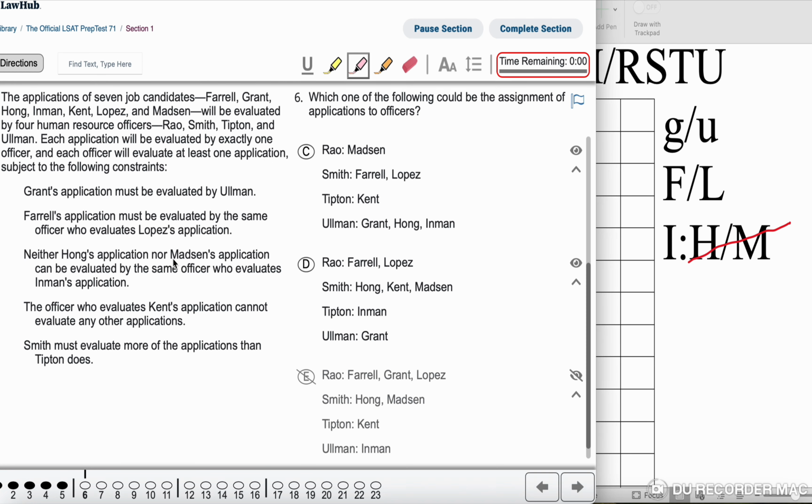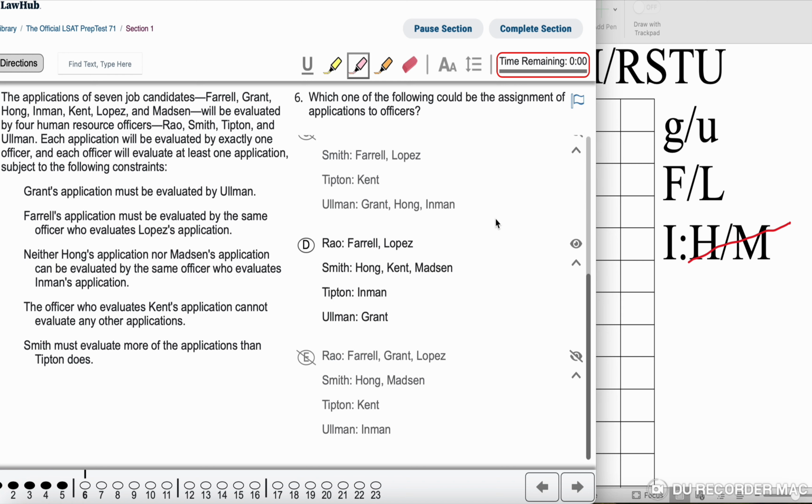Now, while it's crossed out, let me look for it real quickly. So H and M. In C, it is being evaluated, so let's remove C. So right now we're left with two options.